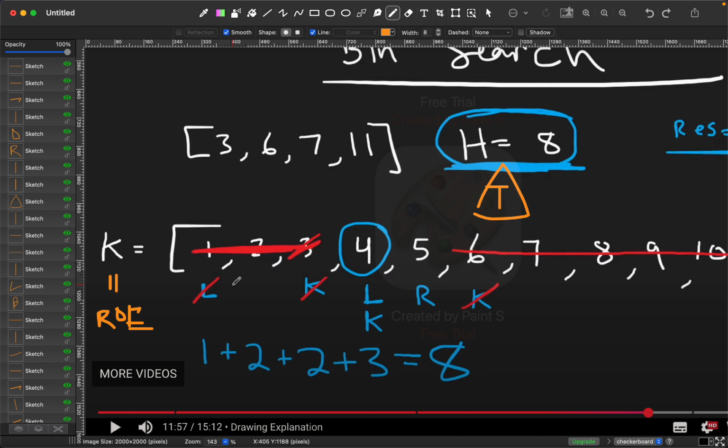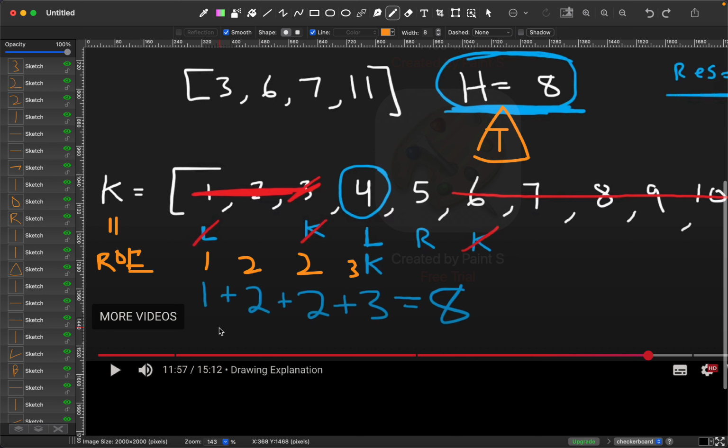So it takes one hour to eat the first pile, 2 hours to eat the second pile, 2 hours to eat the third pile, and 3 hours because we are rounding up. So 3 divided by 4 is point something, but we just round up. 6 divided by 4 is 1 point something, but we just round up.